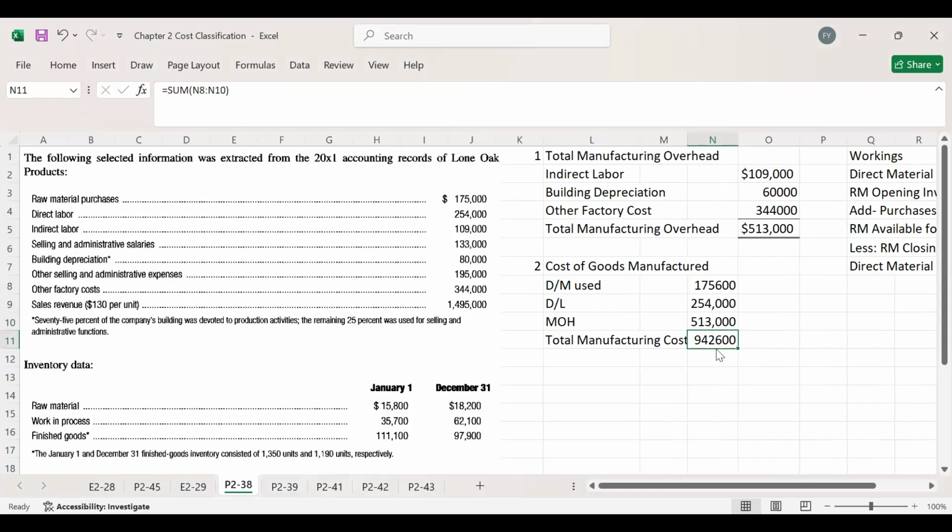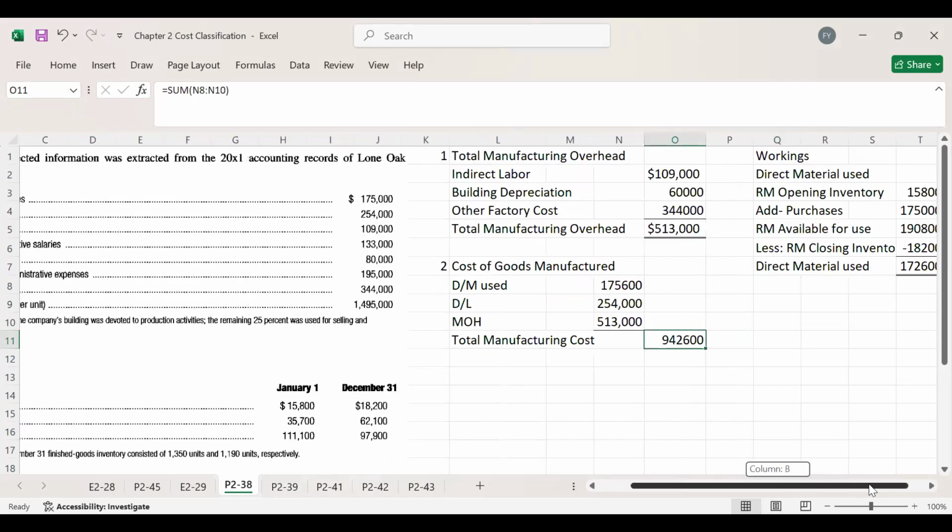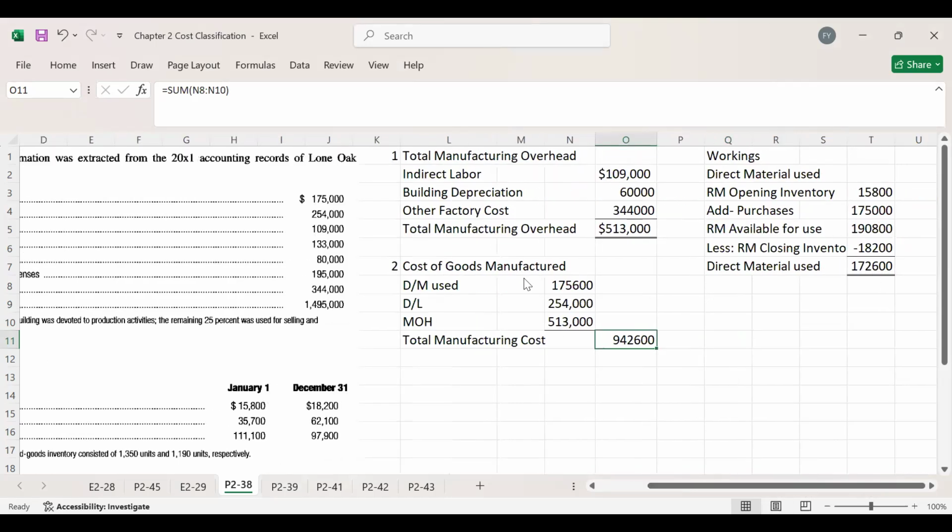So we take it in the outer column. This is 172,600.